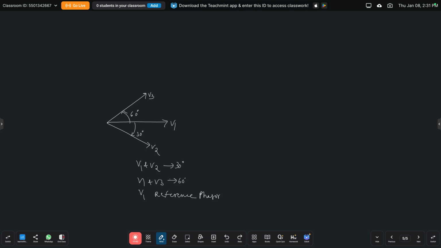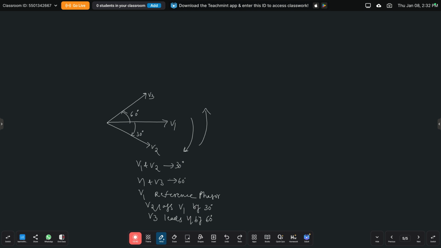Now V2 lags V1 by 30 degrees. And V3 leads V1 by 60 degrees. Always the lagging phasor rotates clockwise and the leading phasor rotates anti-clockwise. If you take V1 as the reference, V3 is anti-clockwise, which means V3 is traveling first. After V1, V2 is reaching, right? So V2 lags V1 by 30 degrees, and V3 leads V1 and rotates anti-clockwise.